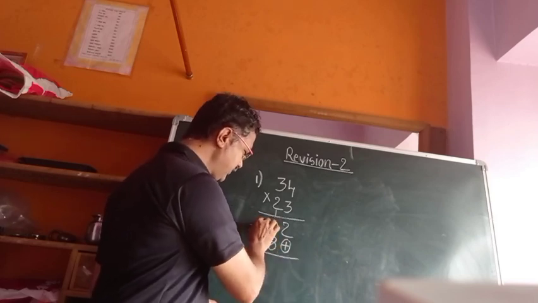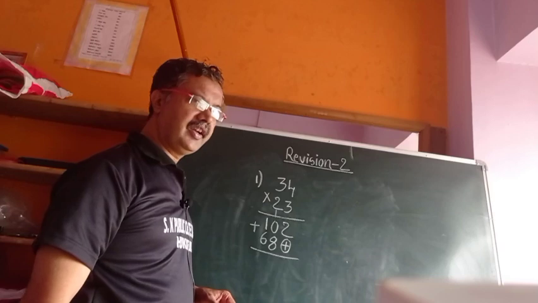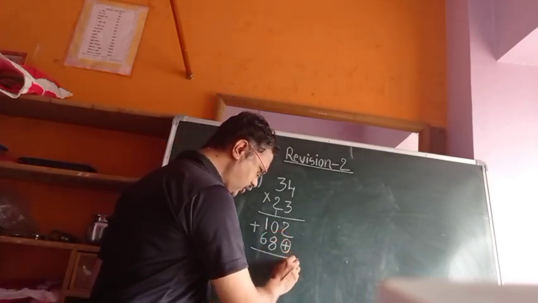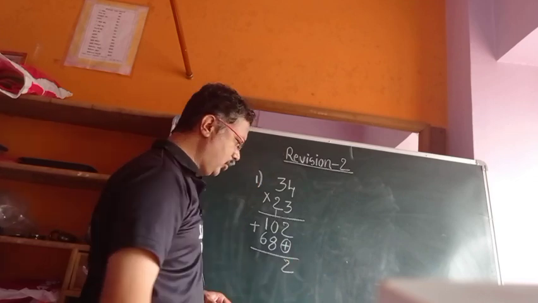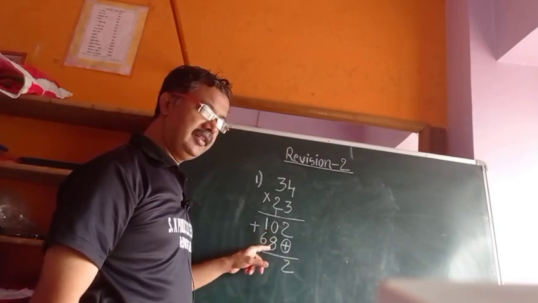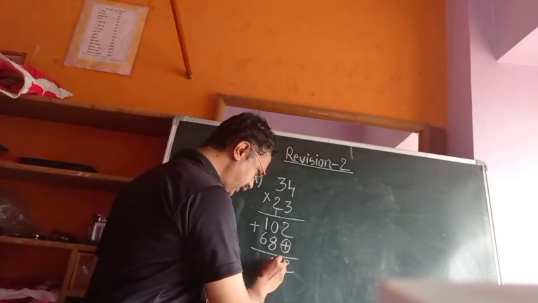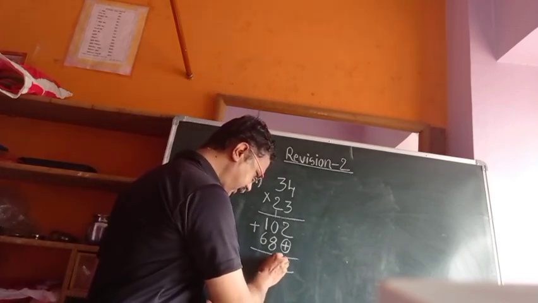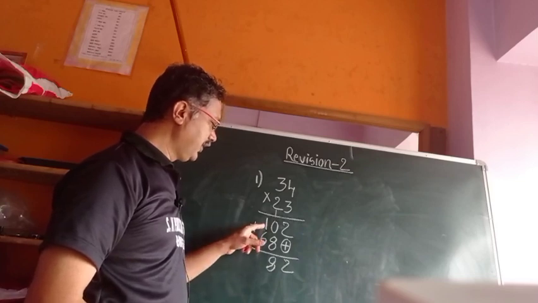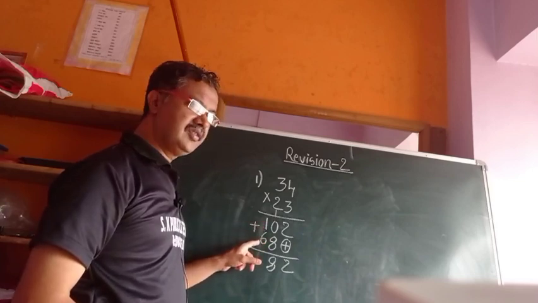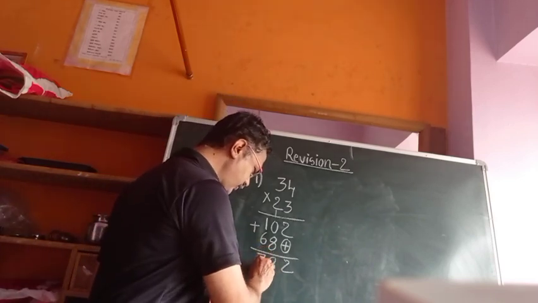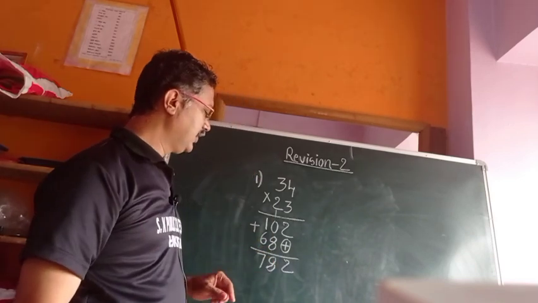Add these numbers. Add all these numbers. 2 plus 0, 2. 0 plus 8, 8. 1 plus 6 is equal to 7.